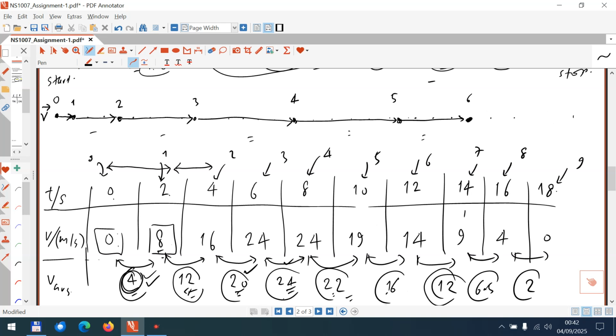This is 16. And for 12, I have to go 1, 2, 3. 3 times 4, 12. So this will be my frame 7, and it is now 12 units. And the next one will be 6.5, which is almost half of 12. Oh, sorry, 1 is for 4, 2 is for 8, so 6.5 will be somewhere here.